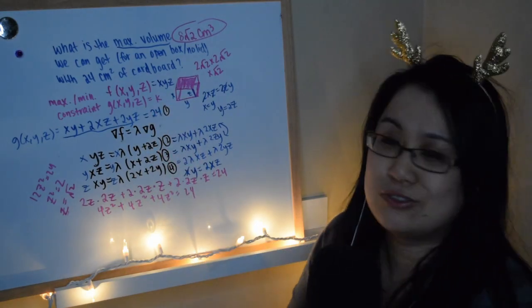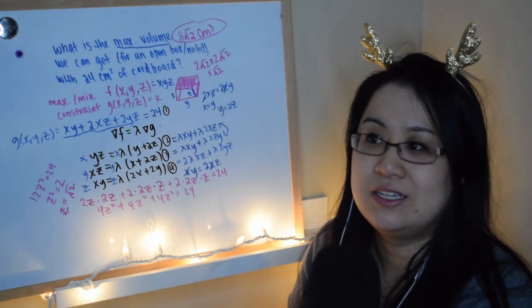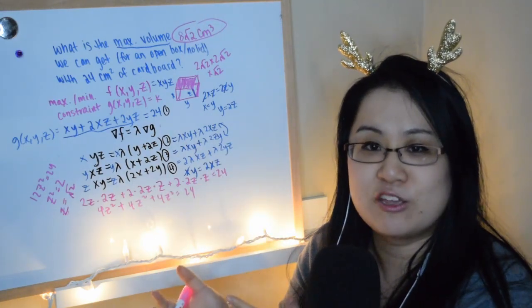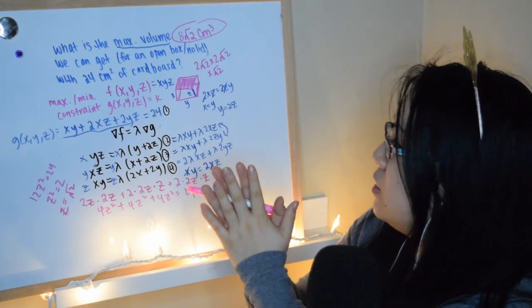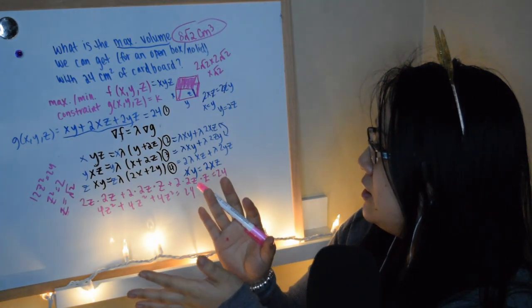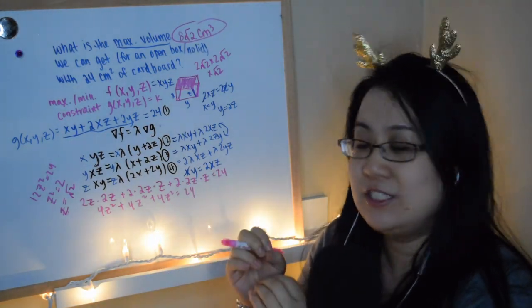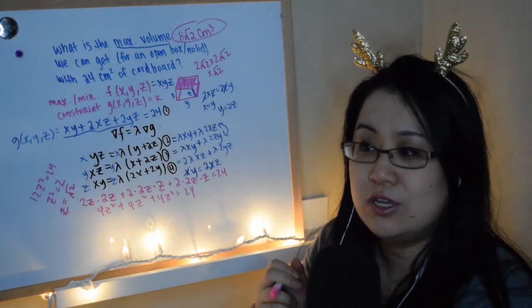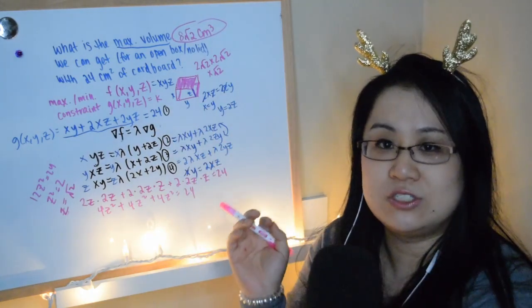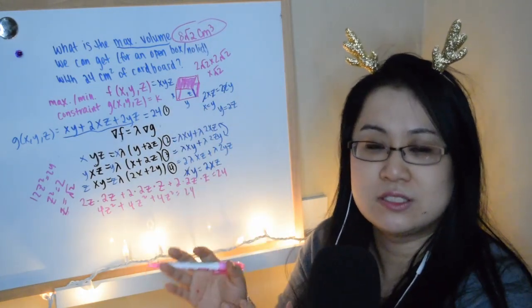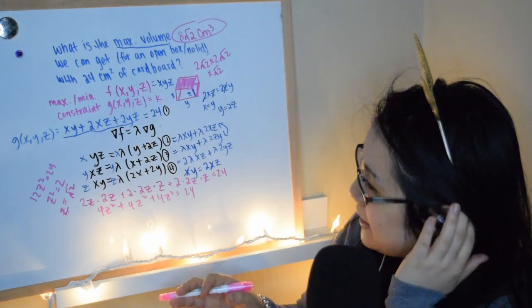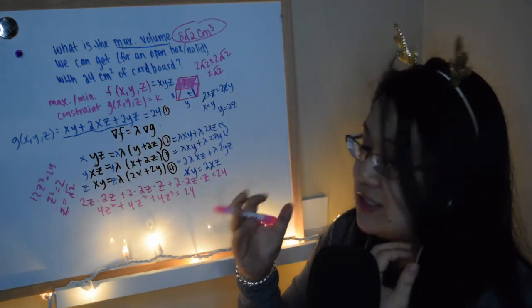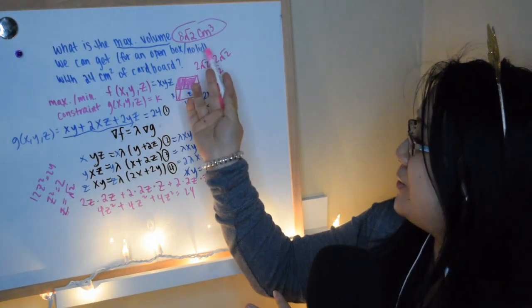So with the surface area, since the lengths of the sides can't be 0, as one increases, the other two have to decrease to keep the constraint of 24 squared centimeters. So as one increases, the other decreases, so there has to be some maximum there. And so it exists.